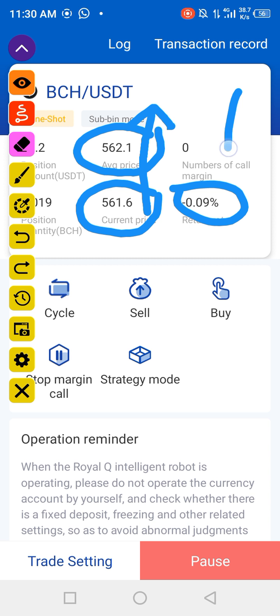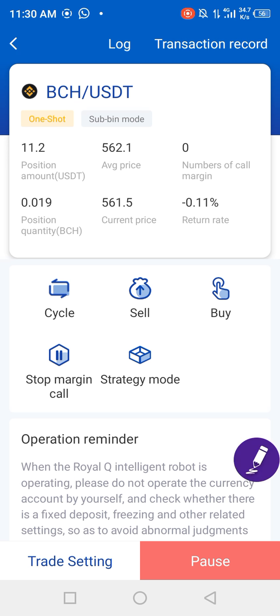As the coins are dropping, it is buying, and each position it bought is independent of each other. So at every position, whenever the coin sells, it sells for that particular position and keeps the profit, and goes back into the market if it is on cycle, or waits for you to click on start if it is on one shot.